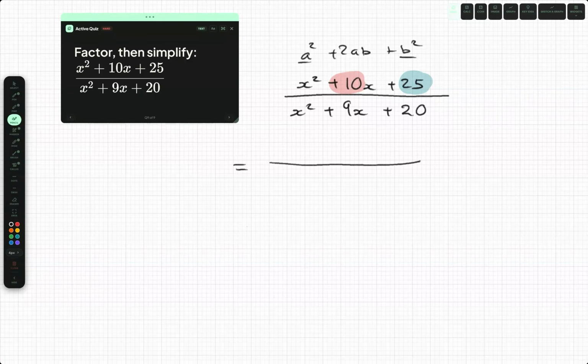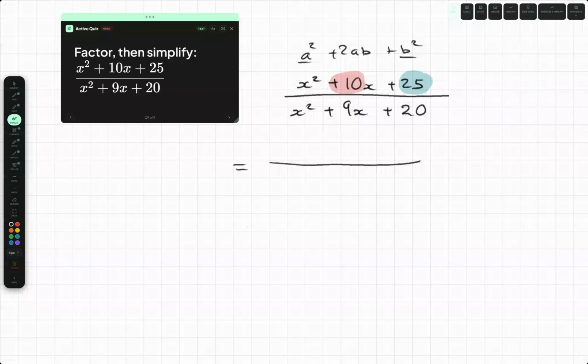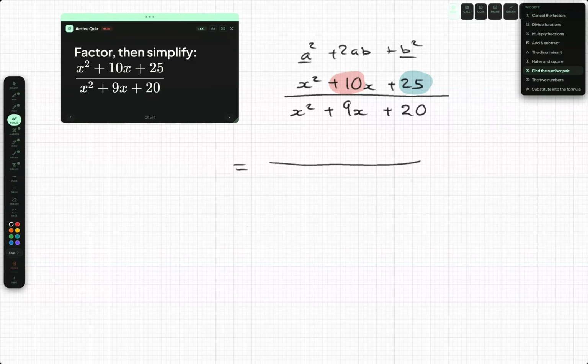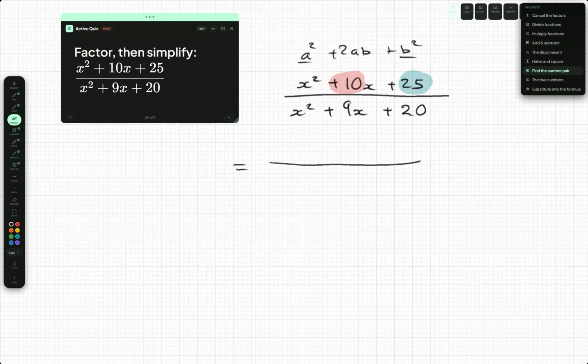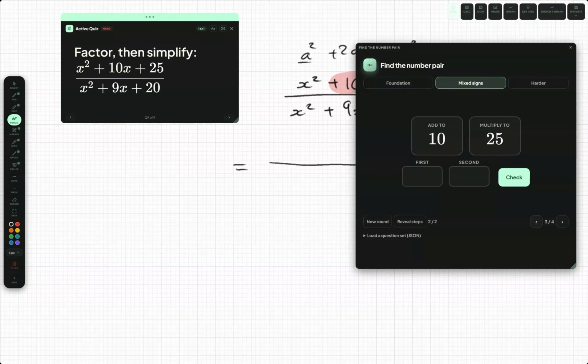So 2 numbers that multiply together to give 25, and that add together to give 10. Oh, that's not 1. Right, so what are they going to be? What 2 numbers multiply together to give us 25? Well, the factor pairs of 25 are 25 and 1, and 5 times 5.